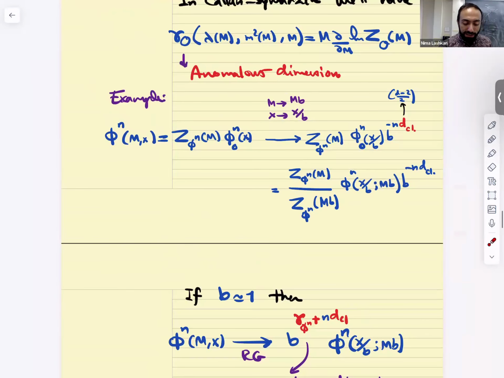What is that gamma? That gamma, if you just expand this guy near B equal 1, you're going to obtain this term. So that's why we call this the anomalous dimension. It's about how the composite operator's scaling deviates from the standard thing, if you just added up the contribution, the scaling of individual constituents, right?